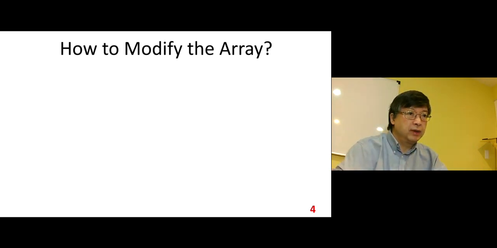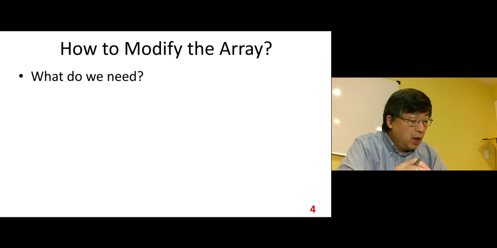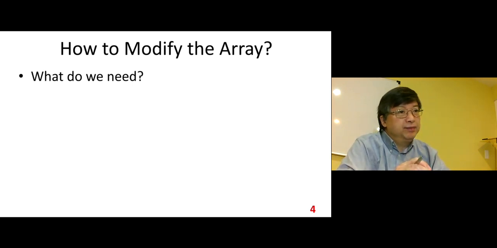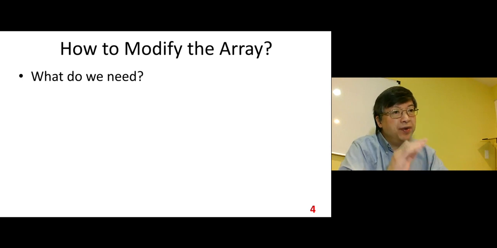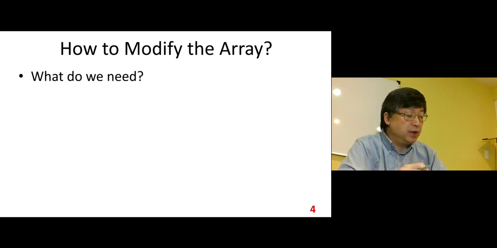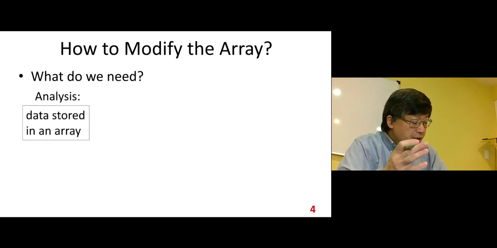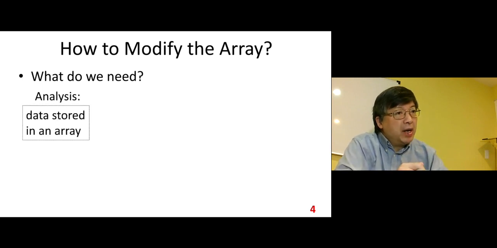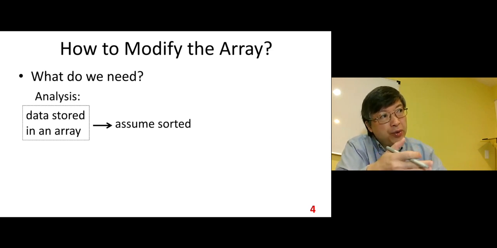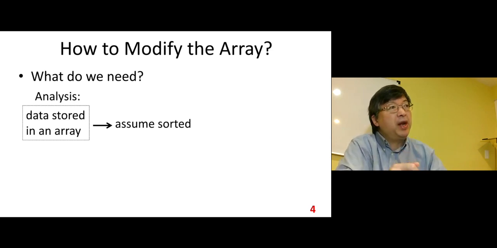All right. What do we need? First, we need to know what we really need in this situation, so let's do some analysis. Initially, our data is stored in an array. We can assume it is sorted, because we can do sorting at the beginning.